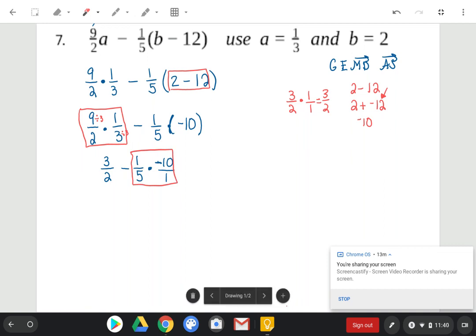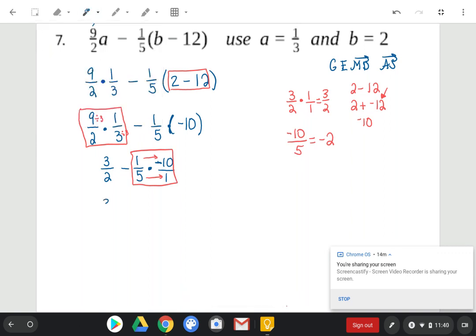So our answer when we replace the box needs to be negative. I'm going to go ahead and multiply across. 1 times negative 10 is negative 10, and 5 times 1 is 5, and negative 10 divided by 5 is negative 2. So I'm going to replace that box with a negative 2.